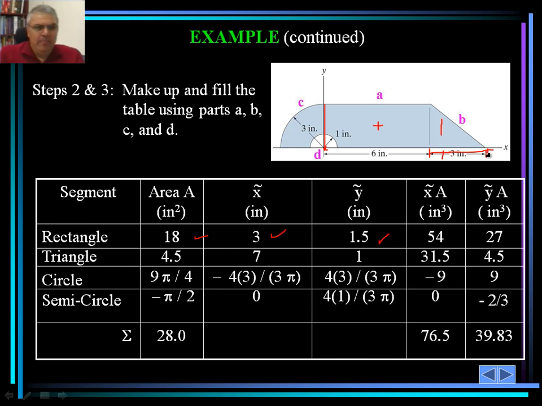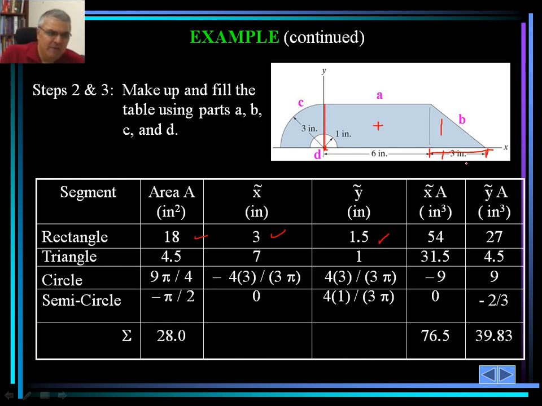Now these shapes and the locations of their centroid are given in your book in tables. You can refer to those tables to find the location of the centroid of each of these individual components, such as a rectangle, triangle, circles, and so on.